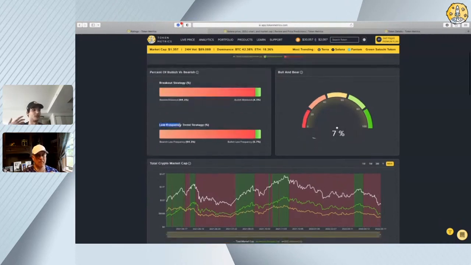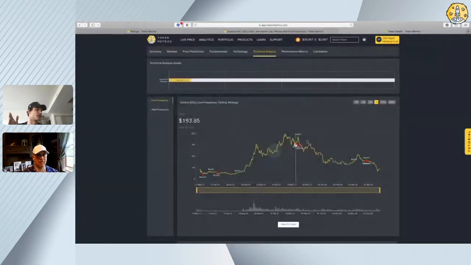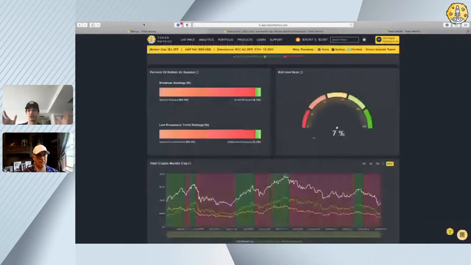Now, the low frequency trend strategy is just looking at all the coins that have a low frequency visual trend indicator that you guys have been seeing, which is this indicator right here for specific coins. We are just condensing all the coins together and looking at how many coins have a bearish signal and how many have a bullish signal.